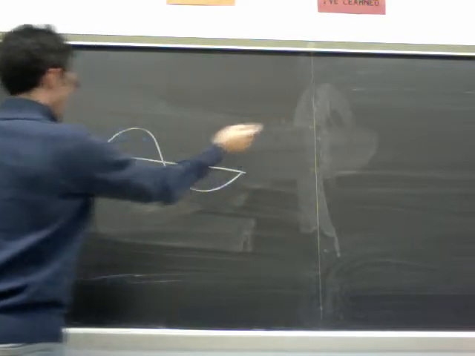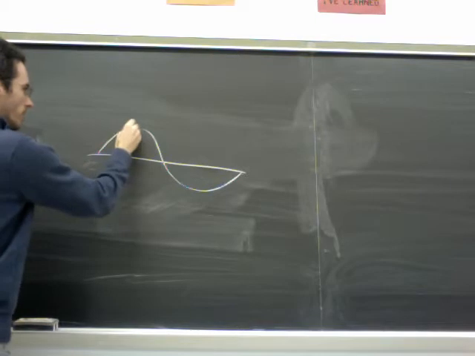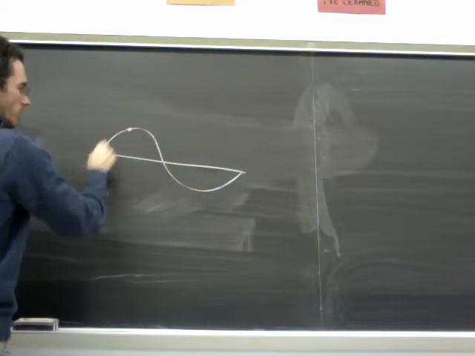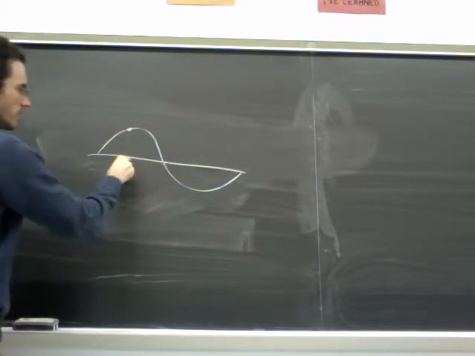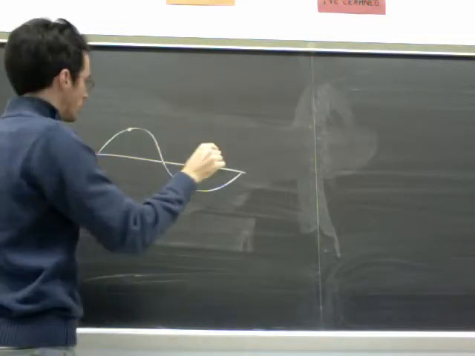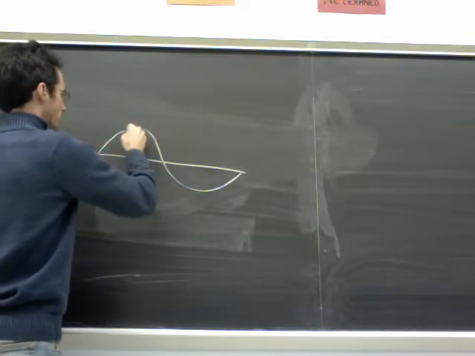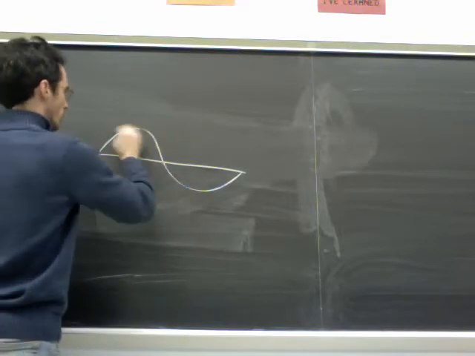Like, for instance, I'll just draw it out. We have a wave here, right? And so what we're saying is that for any point along this x-axis, its acceleration, the rate at which its speed changes, is proportional to its curvature.